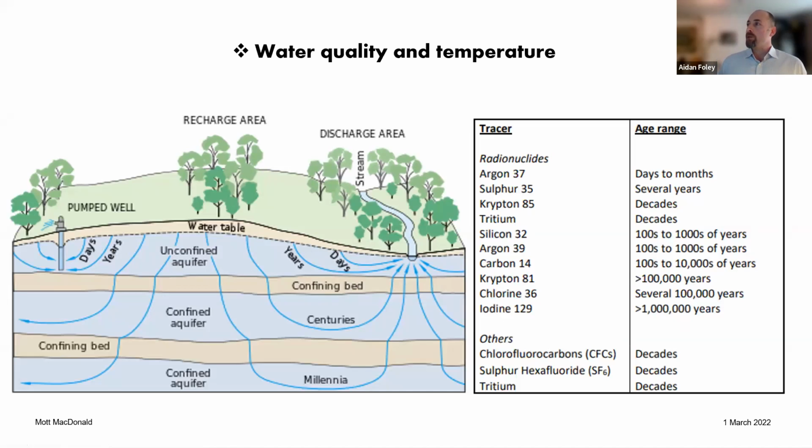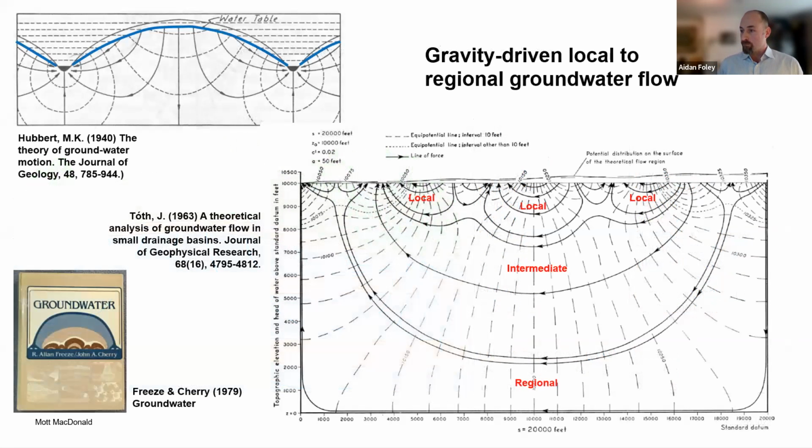So when we measure, we can use various tracers, radionuclides, CFCs, tritium, and so on, to determine residence time distribution, and that information can tell us about the origin of the water. I would say the first port of call, though, is the basic chemistry, the major ion chemistry and possibly some minor ion chemistry.